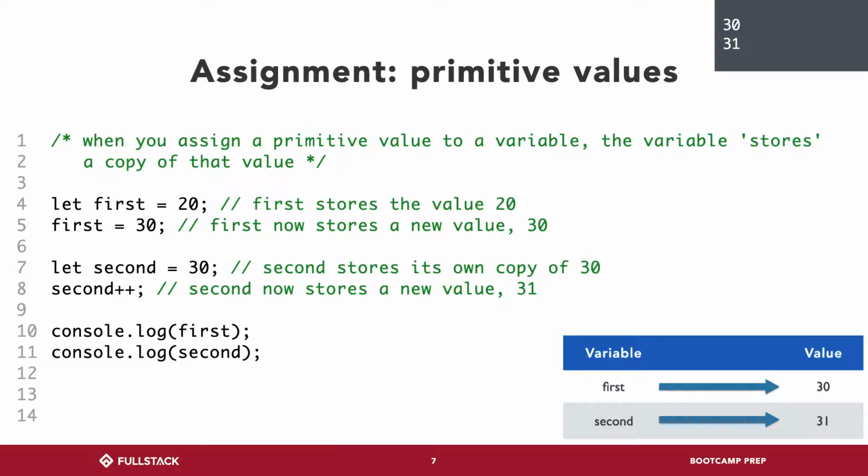And when you console log first and console log second, you get 30 and 31, right? First is 20, then we assign it a copy of 30, then we declare second, assign it a copy of 30, then we say second plus plus, so second is now equal to 31. We got 30, 31. This is simple, right? Everyone understands this?